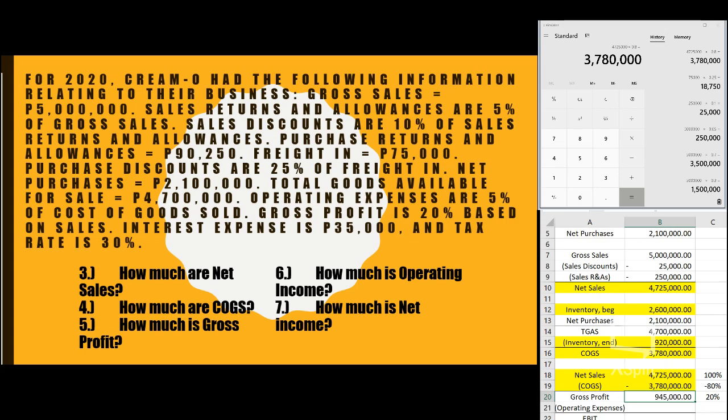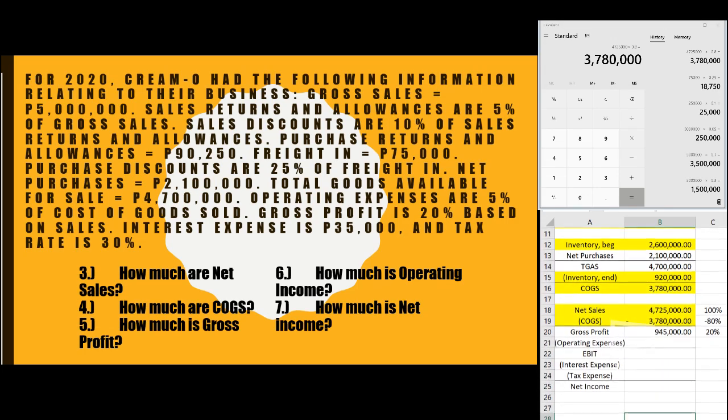Now, pwede natin balikan yung operating expenses kanina. This one here is 5% of cost of goods sold. So our cost of goods sold is 3,780,000 times 0.05. We have here operating expenses will be 189,000. Ibabawas siya sa gross profit.